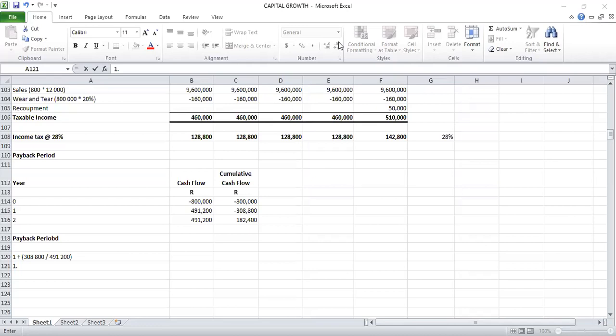Right, 1.6287. Thank you so much. So that's 1.6287. Yes. That means that's how long it will take to recover the money.